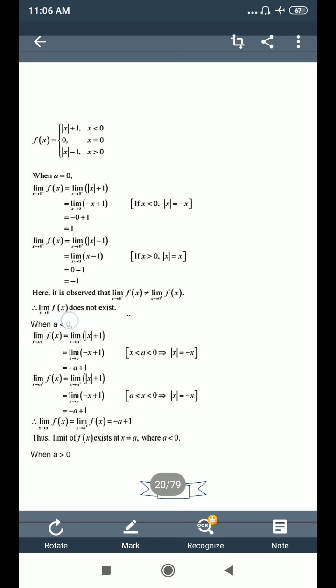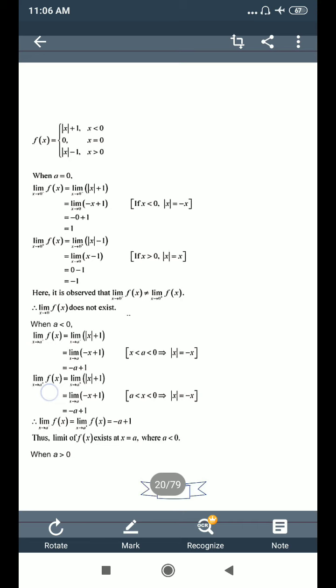So I have taken a less than 0, a is any number which is less than 0. So limit x tends to a minus, modulus of x will be replaced by minus x. Now we put x equal to a, it will be minus a plus 1.